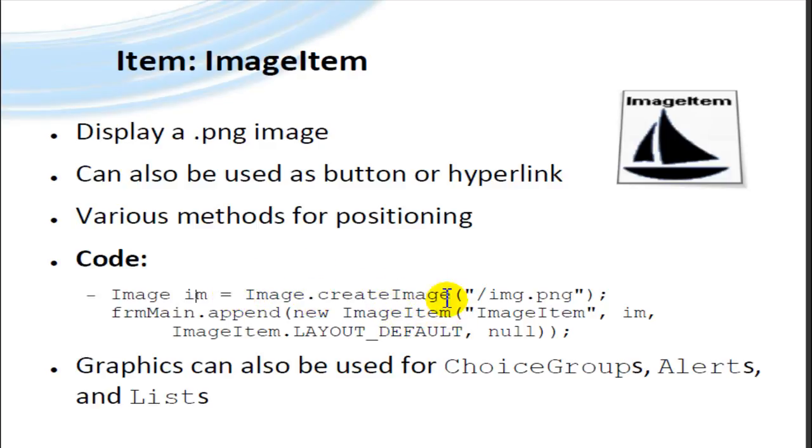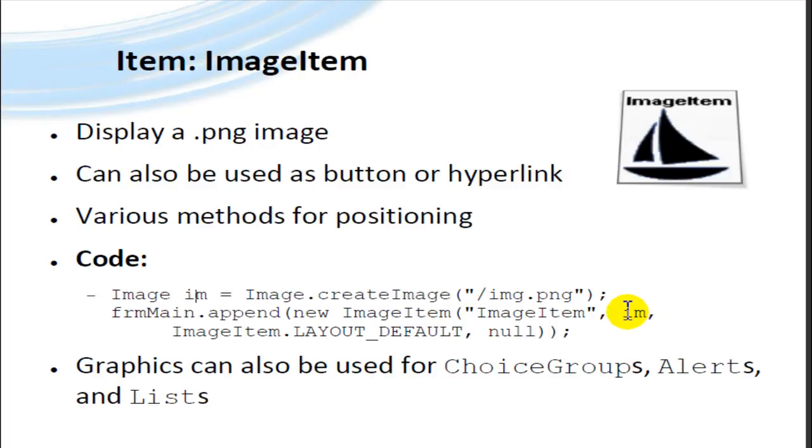Image im is just an image which has an image in it. It has created an image and put it in im, and ImageItem is the Item class derivative. It has a title, and it has what image you want to put in.